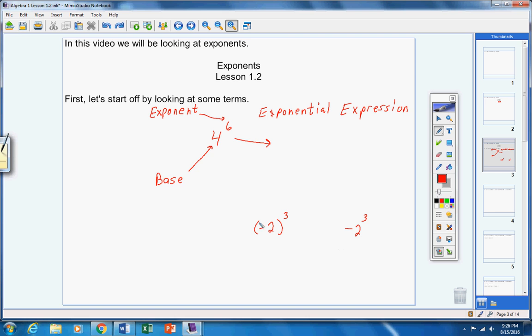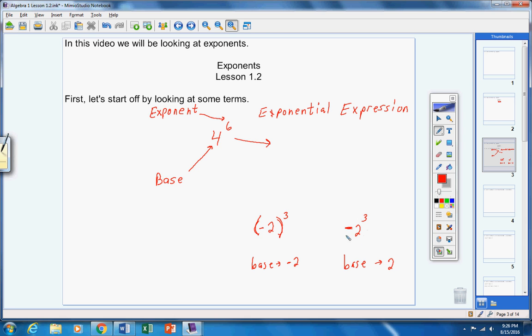Now just listen, because there's parentheses around this entire part here, that means the 3 goes to everything. Then your base here would be -2. But over here, because there's no parentheses like that, believe it or not, your base is just a 2. The negative sign is not part of the base.